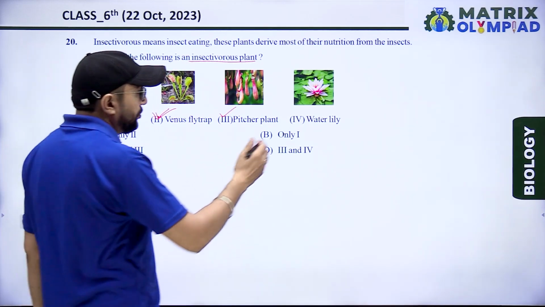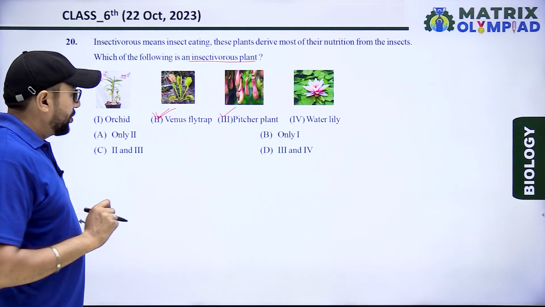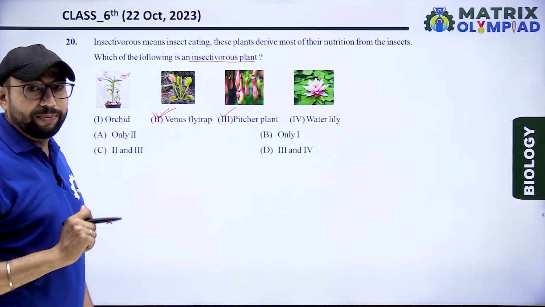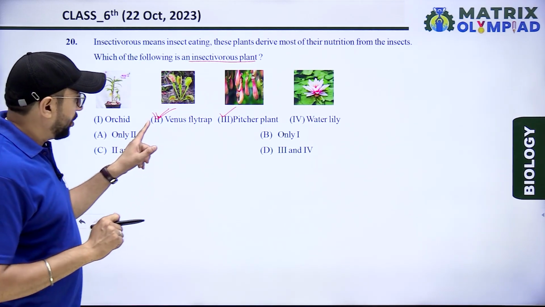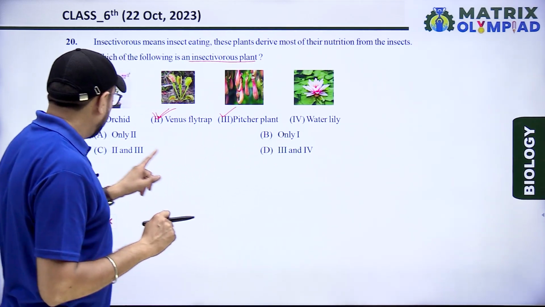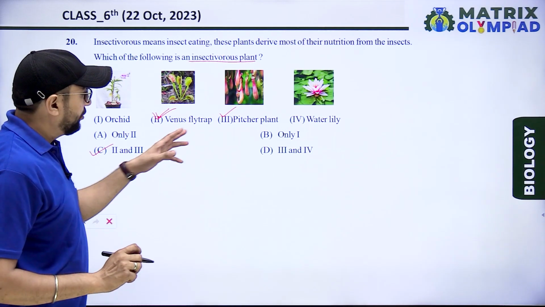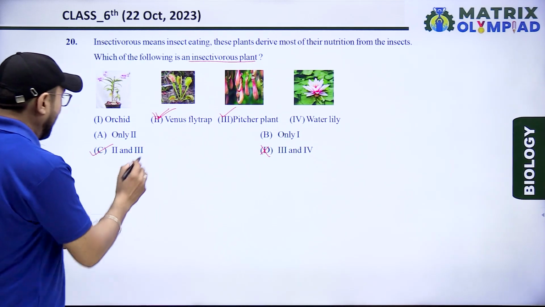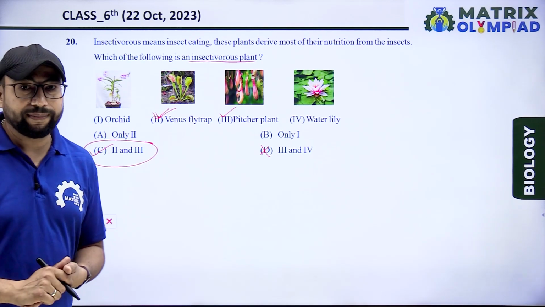And next one is water lily. Water lily is not insectivorous. So second and third are the insectivorous plants. Only second, no. Only first, no. Second and third is the right answer for this question. Third and fourth is wrong. So the right answer is option C for this question.